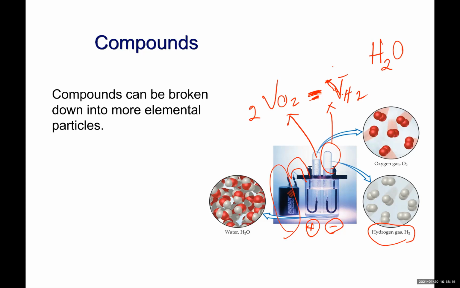I provide the energy. In this case, energy is coming from this battery. Electricity is causing electrolysis of water. Water made from hydrogen and oxygen is breaking down to hydrogen and oxygen.